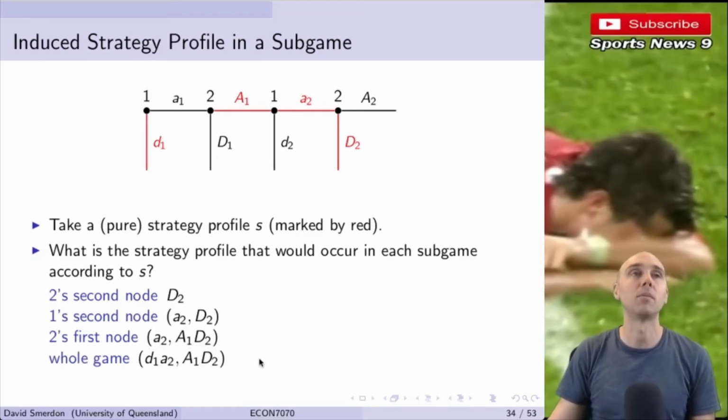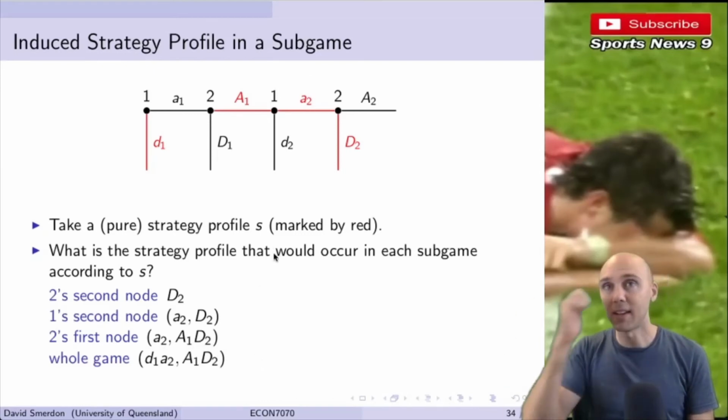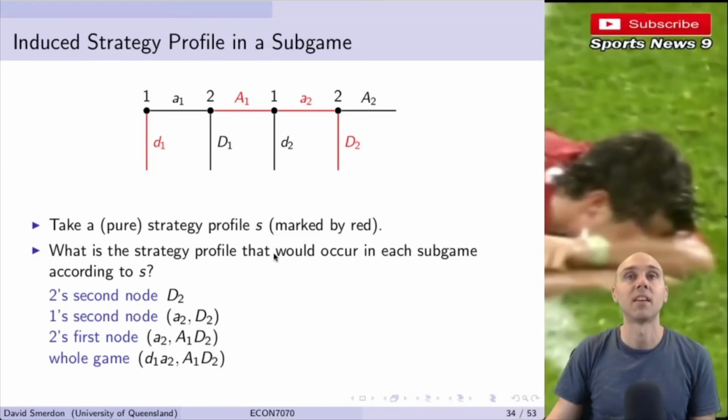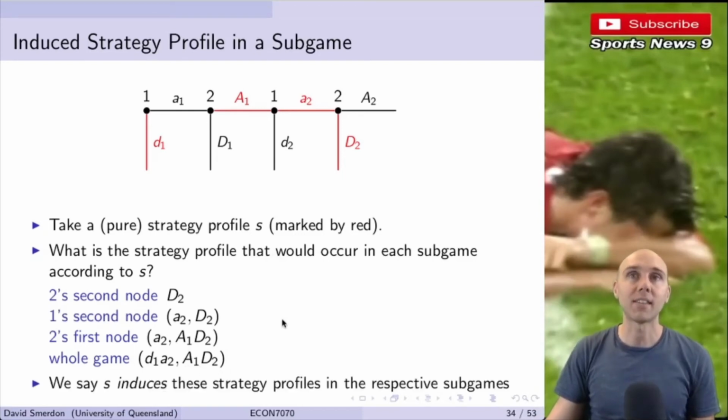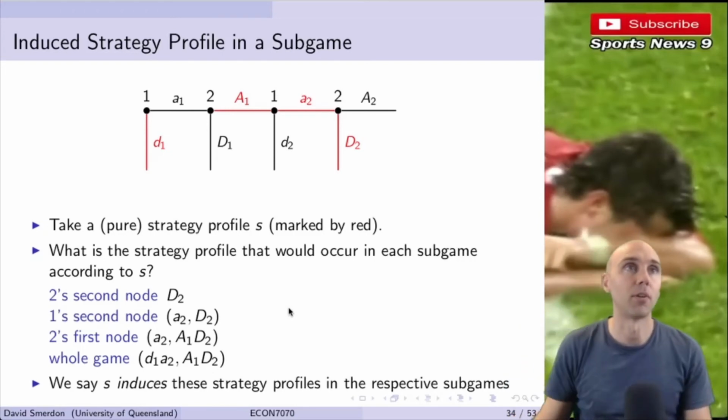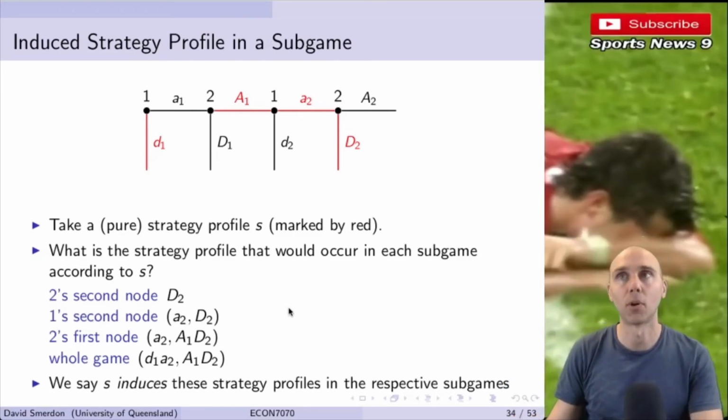And the whole game is also a subgame, and here the strategy profile is player 1 plays down on the first node and across on the second. Player 2 plays across on the first node and down on the second. And we say that S, the full strategy profile, induces these strategy profiles in each respective subgame.